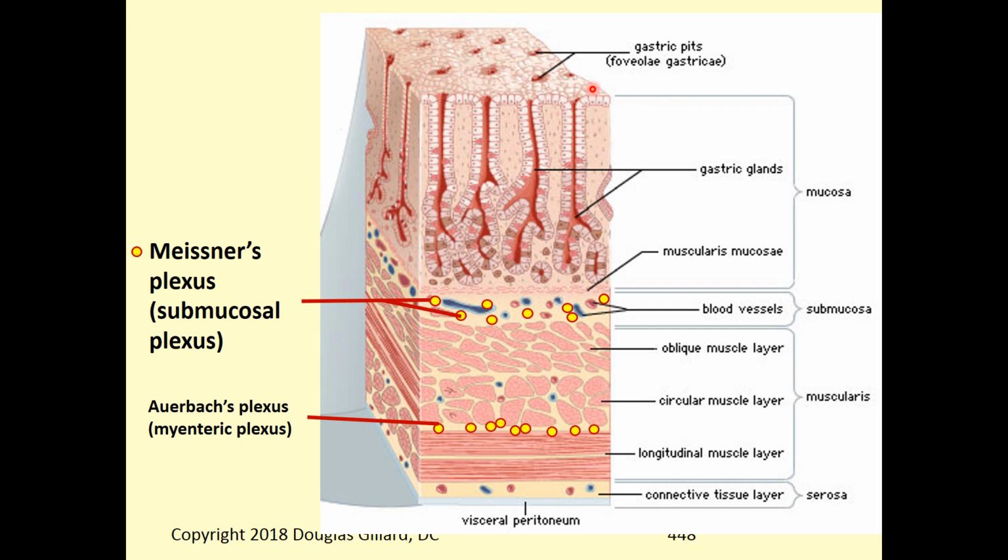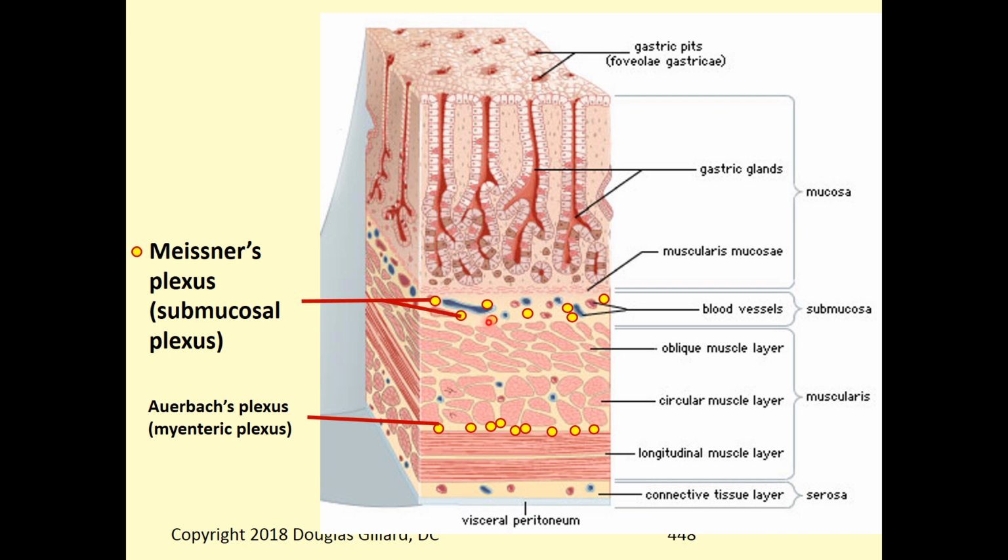Okay, here's a picture again, gastric pit, and then here's our fundic gland. It could be an oxyntic gland. Well, we'll just say just a regular stomach gland here. We've gone over this, but this is part of the enteric nervous system.